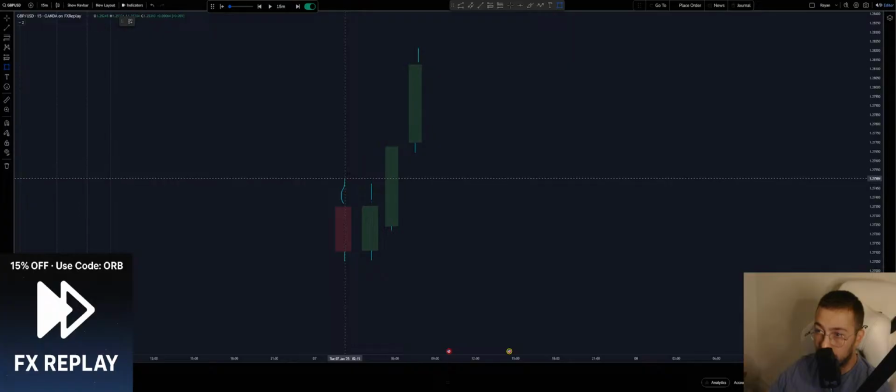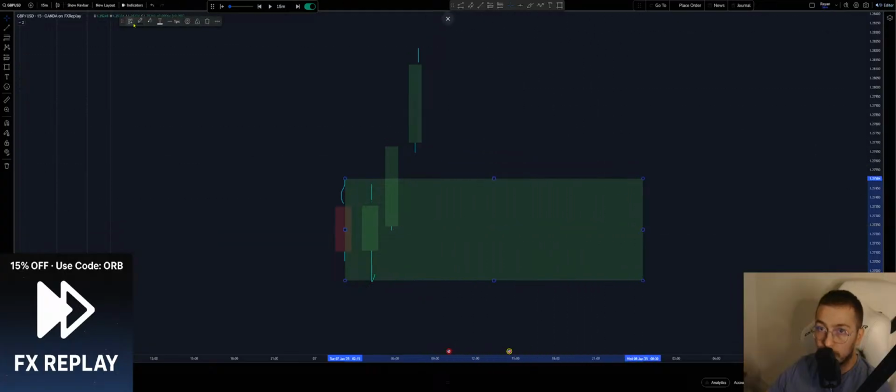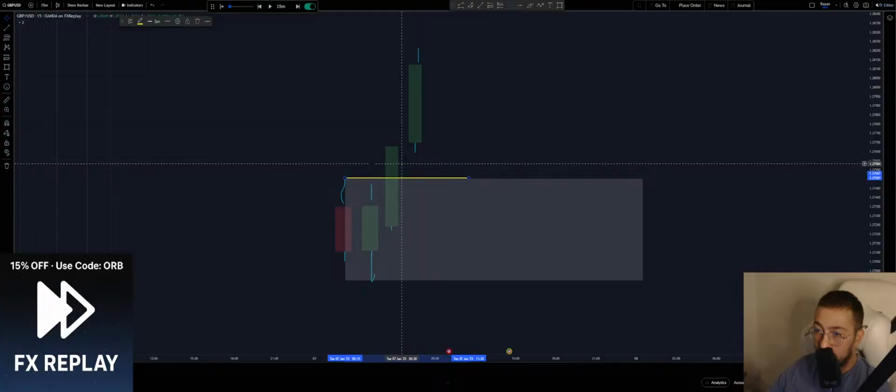Then you will mark this entire thing as your demand zone. Why? Because the last bearish candle, you mark the high of the wick, which is this one, and then you spread the line. You see that the price intersects with a fair value gap.